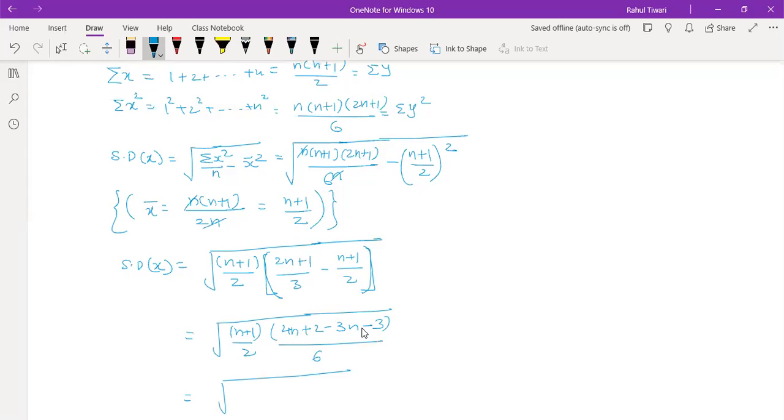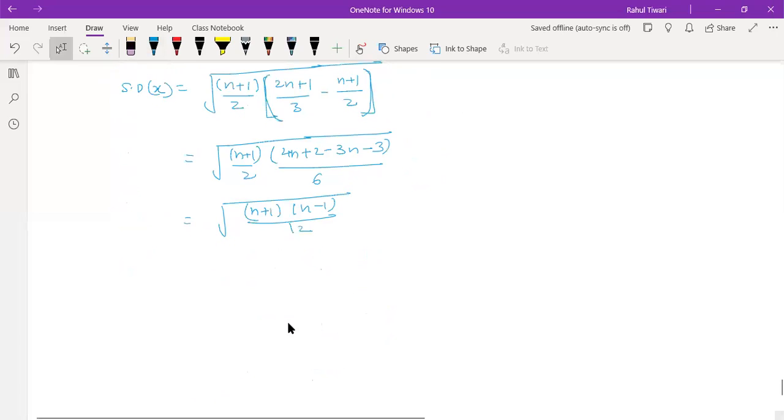So n plus 1, n minus 1 upon 12. But what is n plus 1 times n minus 1? It is n square minus 1 upon 12. And you know this is equal to the standard deviation of y, because that is the same. Okay.